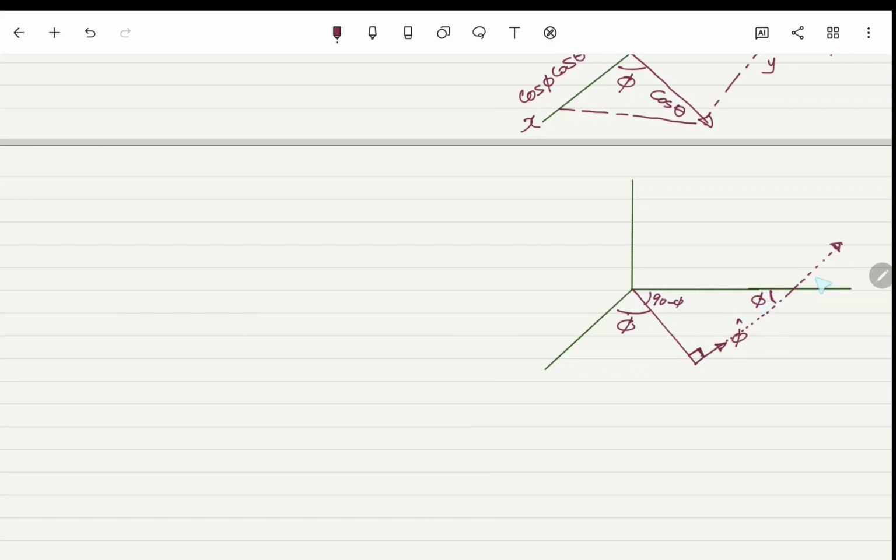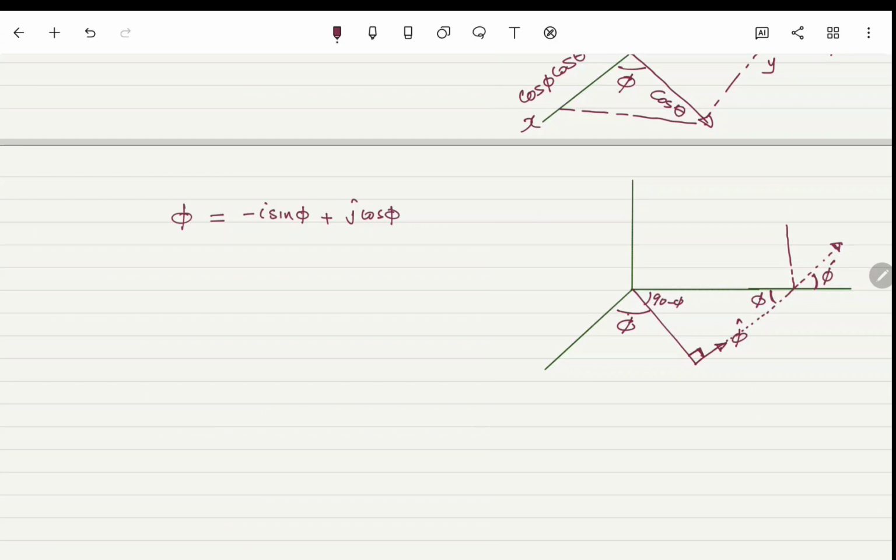If this is phi, this will be phi. So the y component for this one here is j hat cosine phi, and the x component for this one here is minus I sine phi. So phi hat is actually equal to minus I sine phi plus j hat cosine phi.